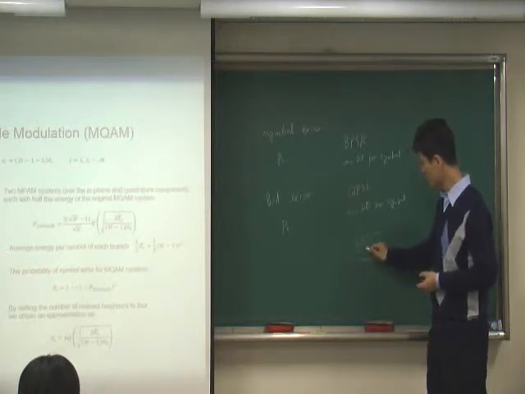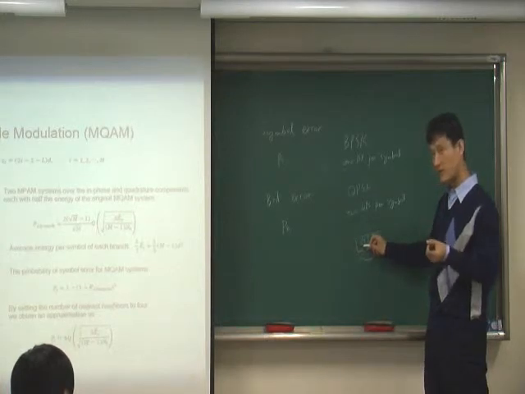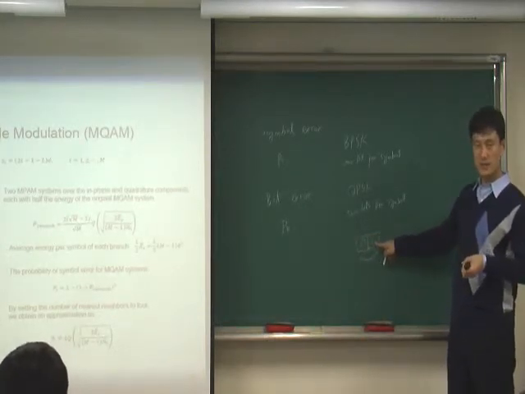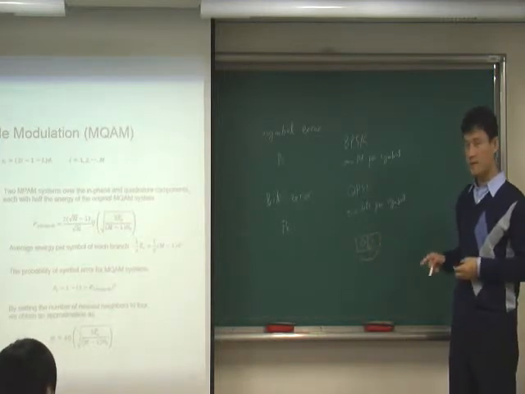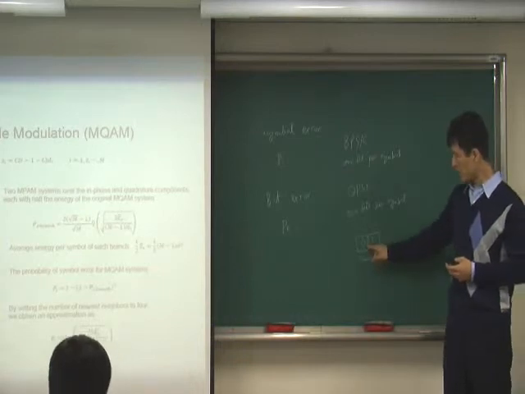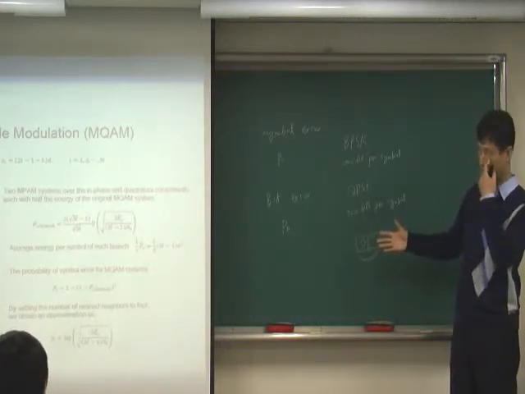It was transmitted 0, but now it is 1, that's a symbol error. If this bit is changed, also that's a symbol error. If both of them changed, again it's a symbol error, okay? So for any of the bits changed, that's a symbol error, right?